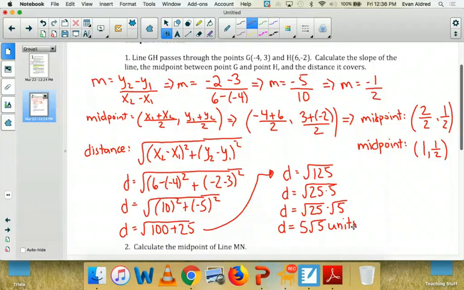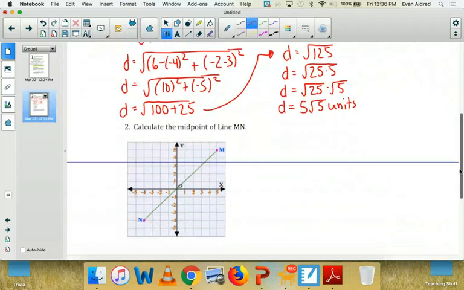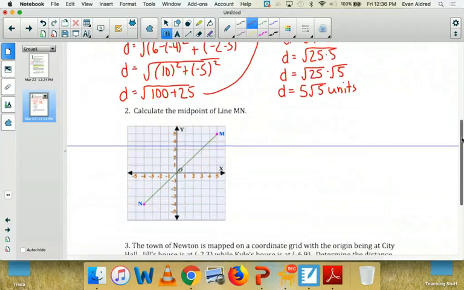Remember that the formula will spit out an entire radical easily enough. There is a little bit tricky at times in there. But if you're careful, it will easily spit out that entire radical for you for distance. Once you have your entire radical, you have to think back to Unit 4 and see if you can make it a mixed radical or not. And if you can, you have to do that.